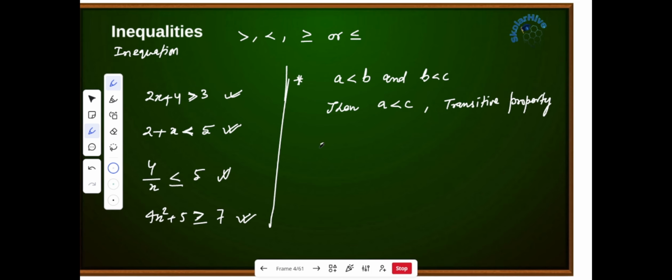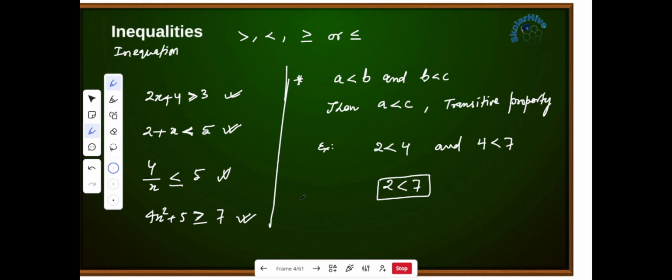So here, for example, if we see 2 less than 4 and 4 less than 7, it is obvious that 2 is less than 7. Okay, so this we call the transitive property of an inequality.